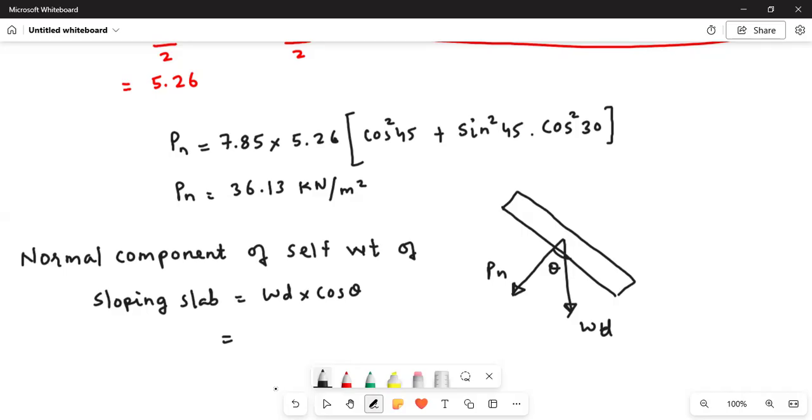The depth of the sidewall is also 180 mm, and the depth of the hopper bottom is also 180 mm. So 0.18 into 25, depth of the slab into density of the concrete, will give you the self weight of the slab, into cos 45, cos theta.